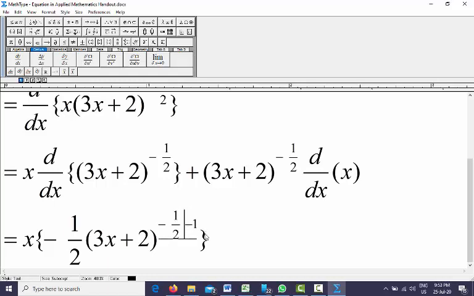From the power you need to deduct 1. So this is the rule of differentiation for the power.